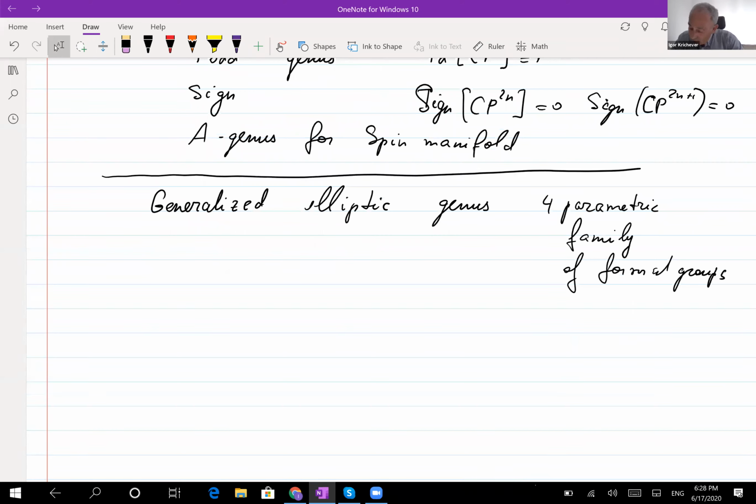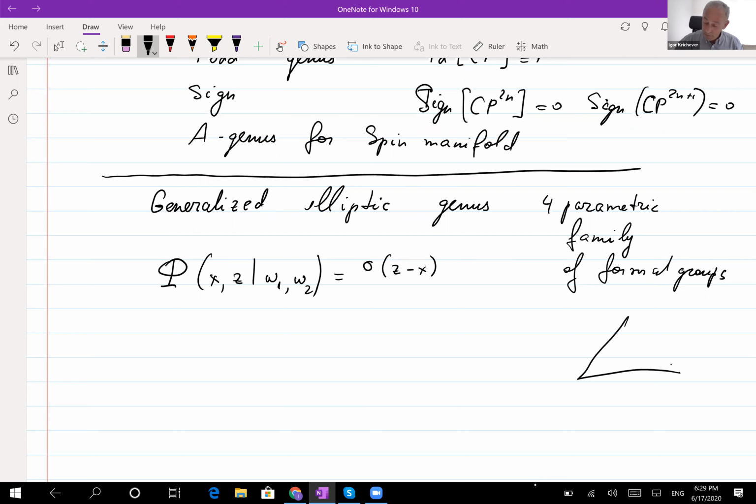I'm afraid my introduction to the equivariant cobordism is taking too long to have a hope to finish today, but I define a function of omega 1, omega 2. It's a function explicitly written in terms of the classical sigma and zeta Weierstrass functions. So you have an elliptic curve with periods 2 omega 1, 2 omega 2.